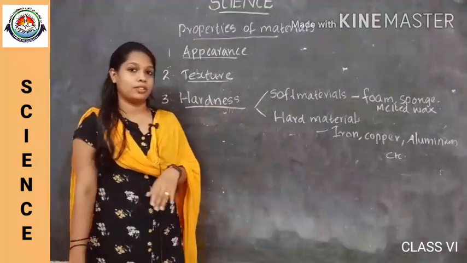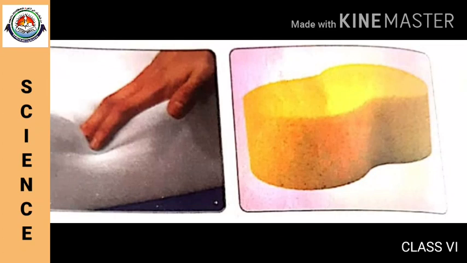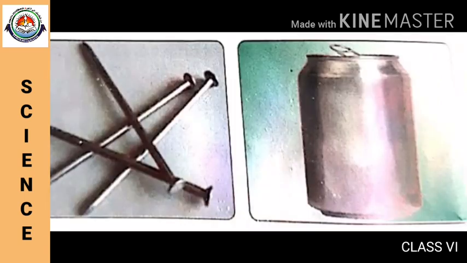So let's have a look. This figure shows examples of soft material, that is foam and sponge. They can be compressed very easily. And this picture shows some examples of hard objects like iron nails and an aluminium can.